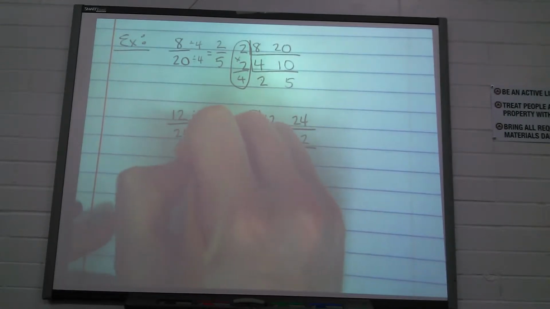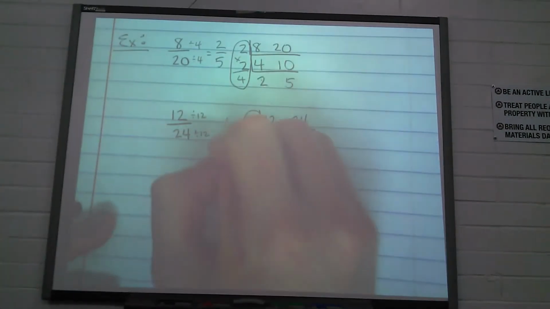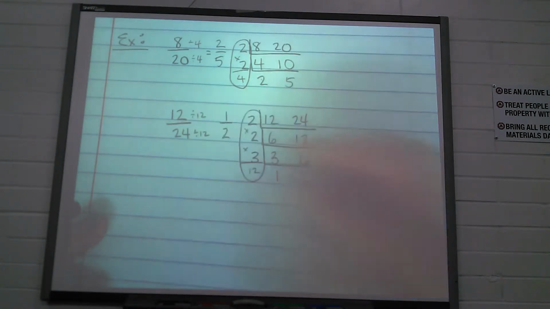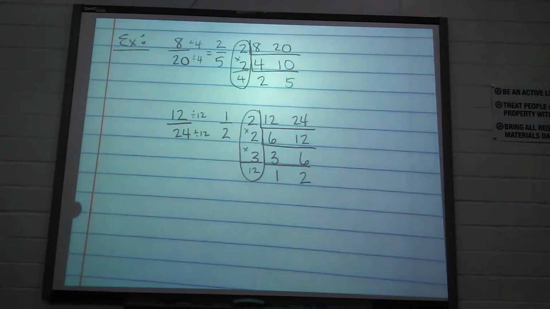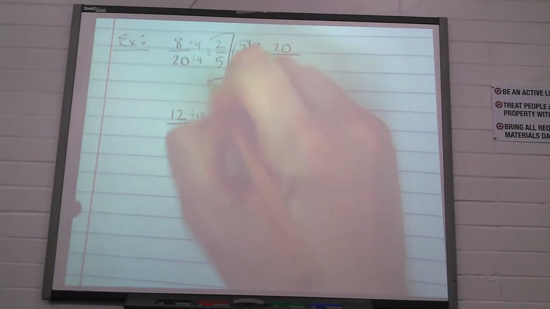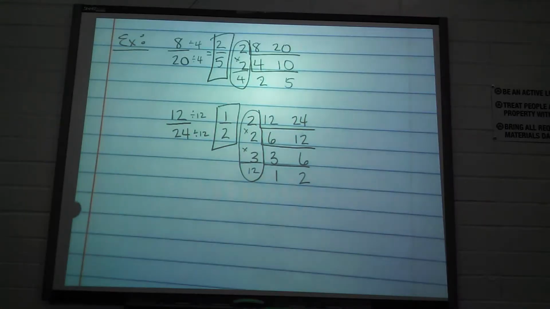I'll divide both of those numbers by 12. 12 divided by 12 is 1. 24 divided by 12 is 2. Now, what do you notice about our answers and our division ladders?